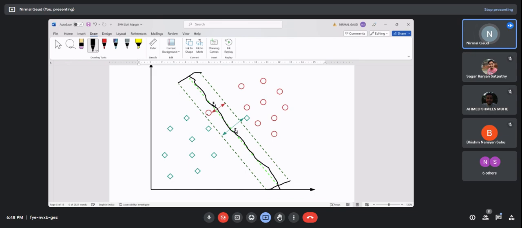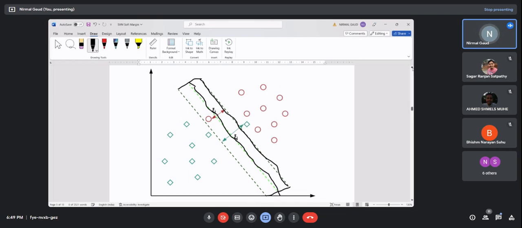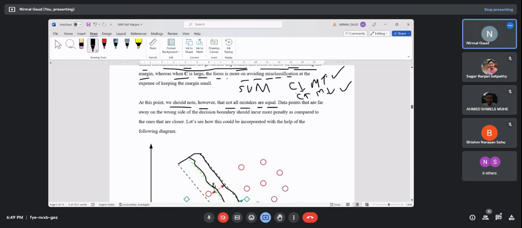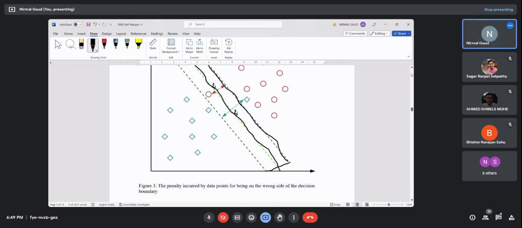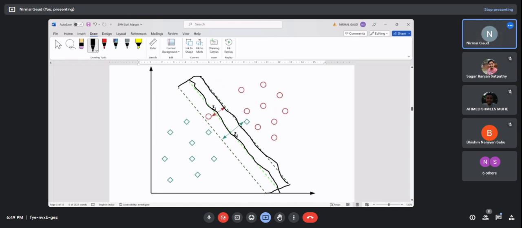So we need to calculate the distance of this red point from this particular line. What this line actually means is that I need to make a plane. The line up to where I can consider the support vectors, I'm going to calculate the distance from there.